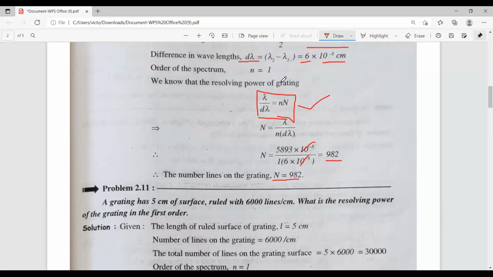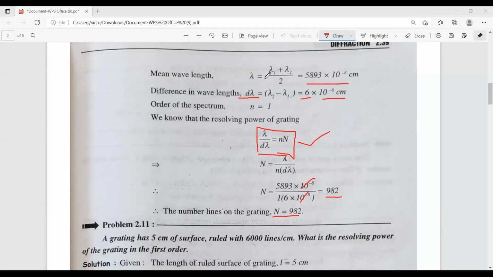What is the formula? It is very important. Resolving power of grating: lambda by d lambda is equal to small n capital N. Here the lambda value is found by taking the average between the wavelengths lambda 1 and lambda 2, that is lambda 1 plus lambda 2 by 2, which is equal to 5893 into 10 power minus 8.